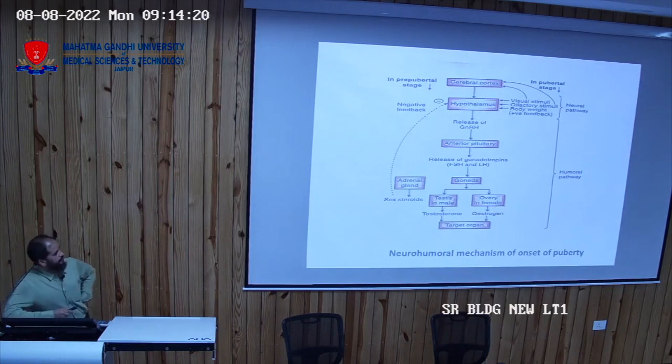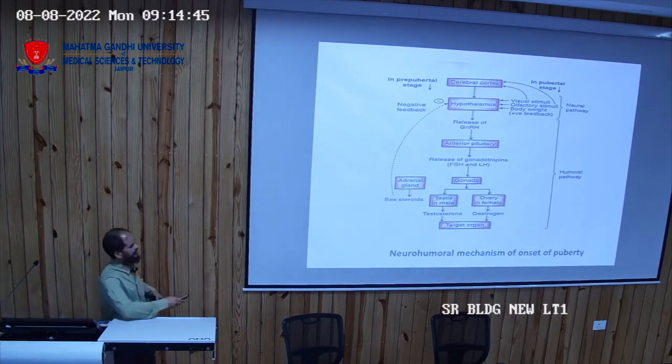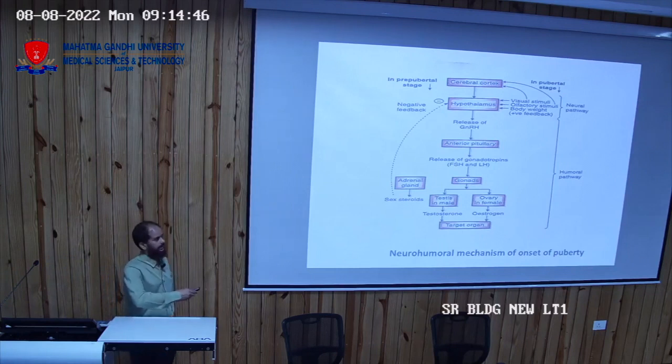Before the puberty stage, that is in the pre-pubertal stage, what happens is that the sex steroids which are released from the adrenal androgens, वो adrenal gland से जो निकल रहा था androgens, sex steroids, are inhibiting the hypothalamus. Okay, थोड़े बहुत होते हैं, but there is very little release of GnRH due to this negative feedback.